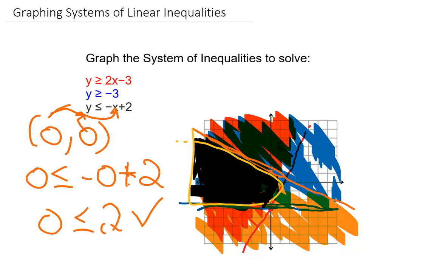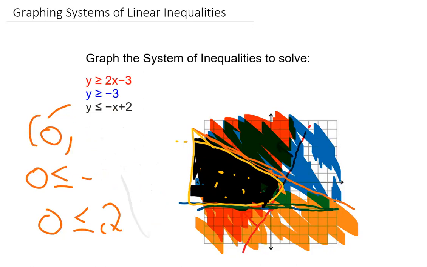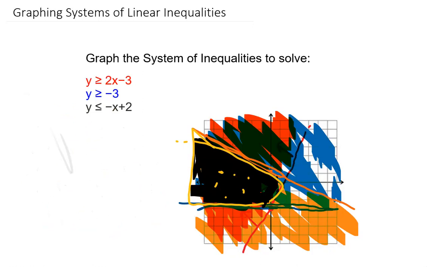So this right here will be my solution, which means any point that I pick that's in this solution, if I plug my x and my y into all three of these inequalities, I will get true statements.